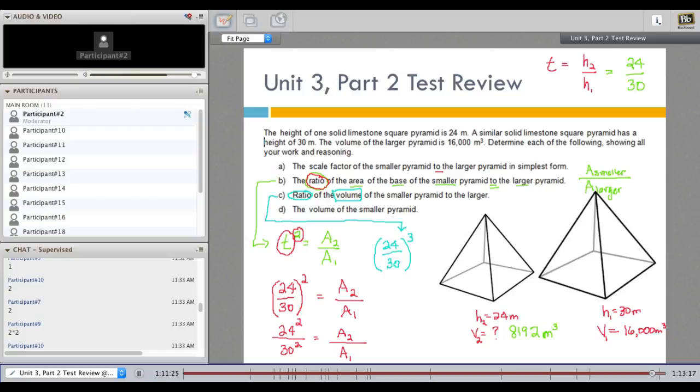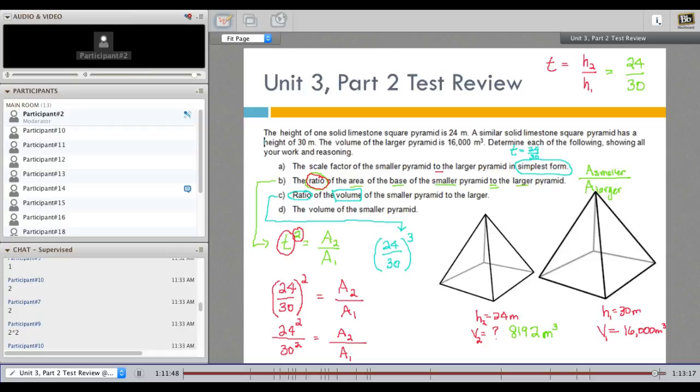What I'd prefer you guys do instead of changing it to decimals is give it to me as a fraction. So you're thinking 24 over 30, right? That's where you're starting, which is good. But let's reduce that. How would we reduce? Let's review that as far as fractions go. You just look and see what a common factor is, right?